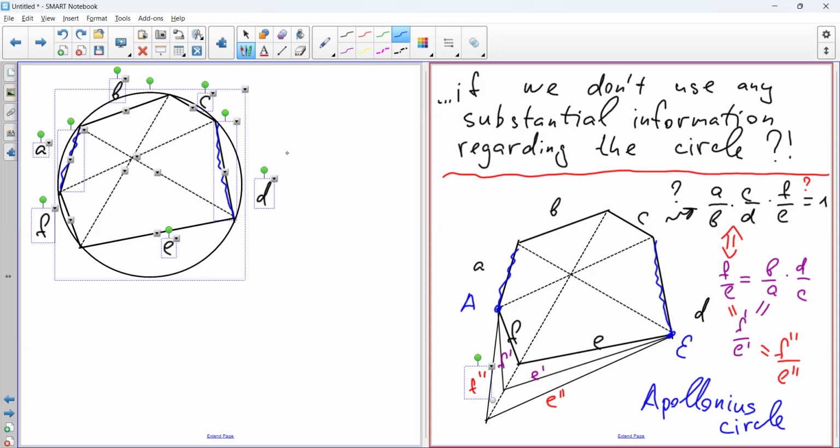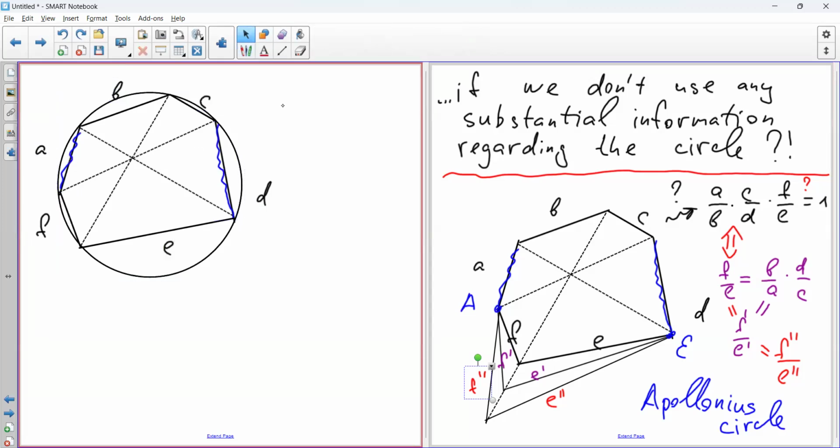So why did I mention this? Why did I tell this story about such a problem without a circle? Just to emphasize that in this problem, if we don't use the condition of this hexagon being cyclic, we just cannot prove the problem or anything close to the problem.